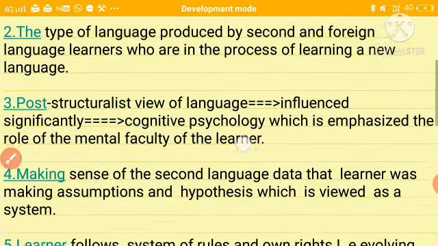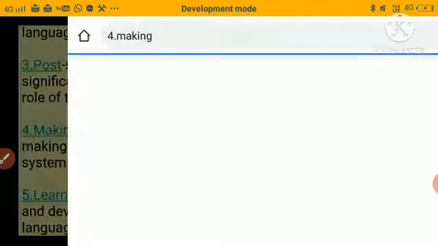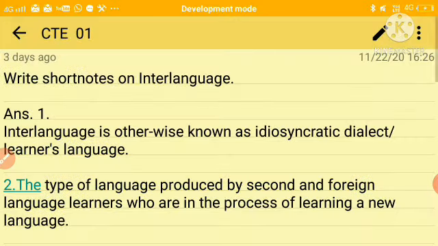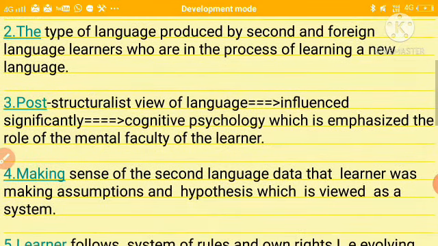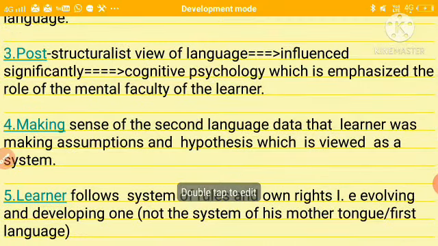Then come to the fourth point, making sense of the second language data. The learner was making assumptions and hypotheses, which is viewed as a system. So the learner sees a language inside a system.